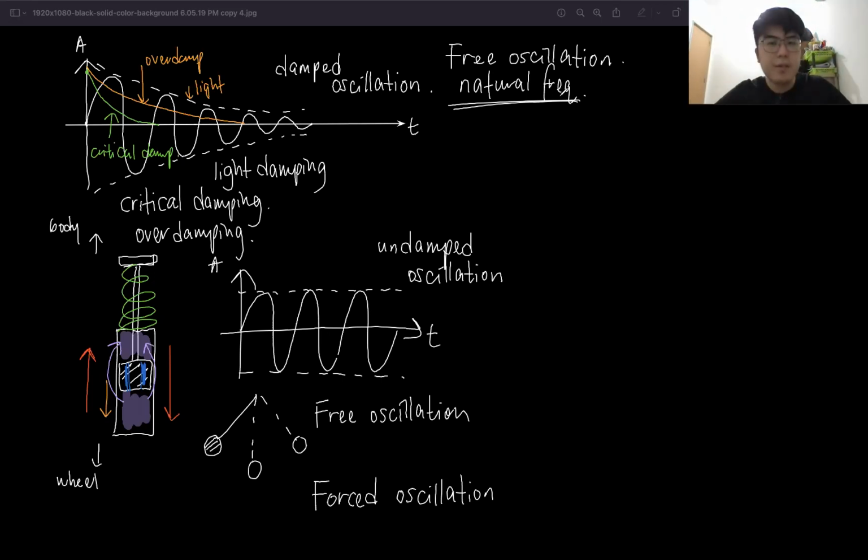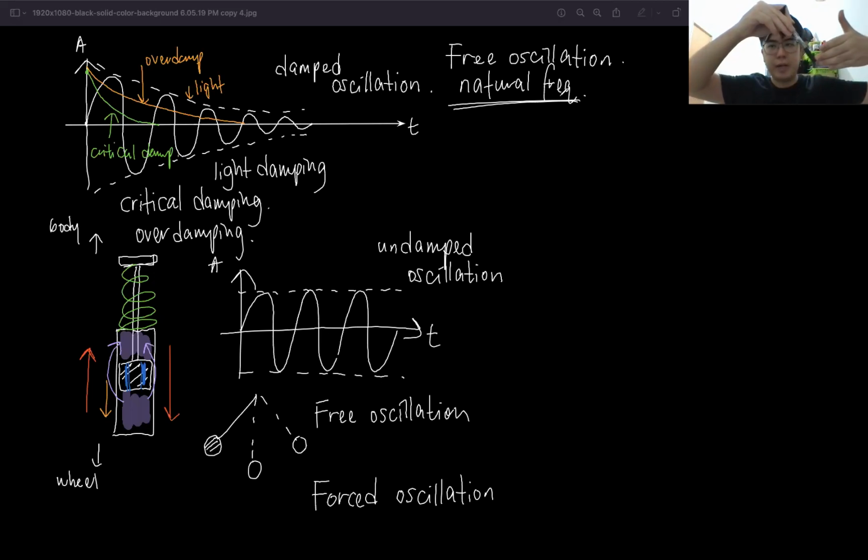Now, if you observe, the force that I apply is actually an oscillating force. What I mean by that is that not only is the system oscillating, but the force is also oscillating.